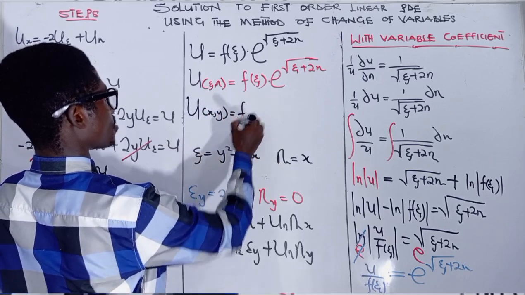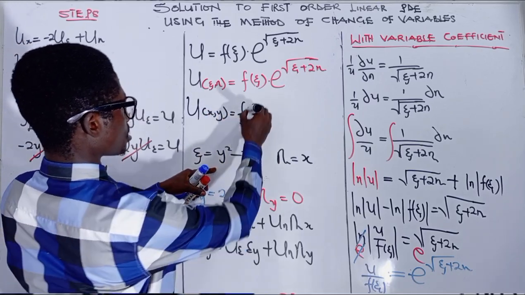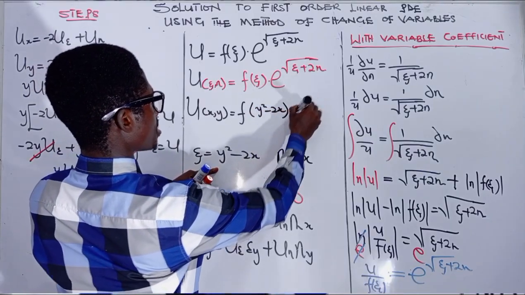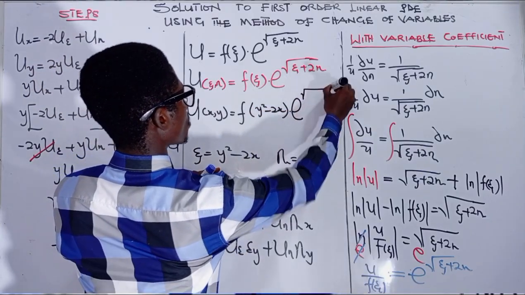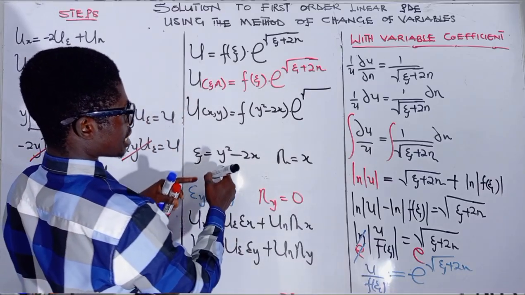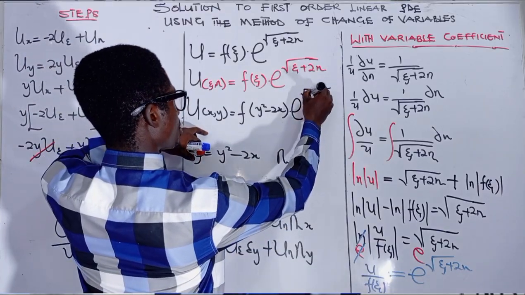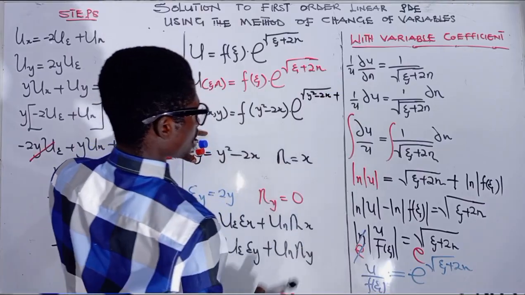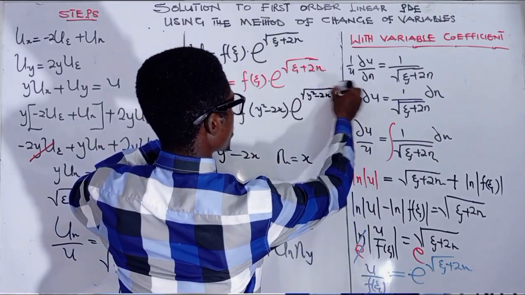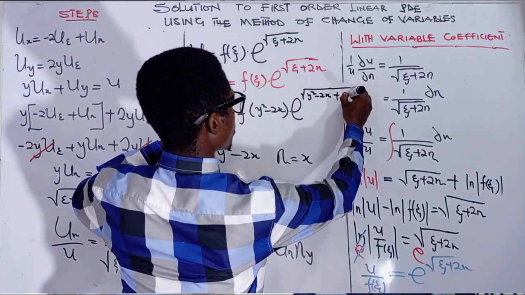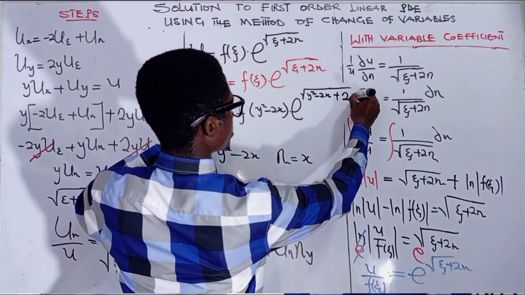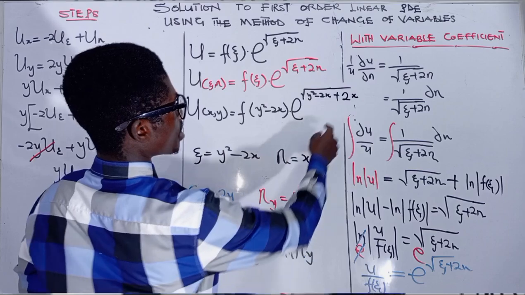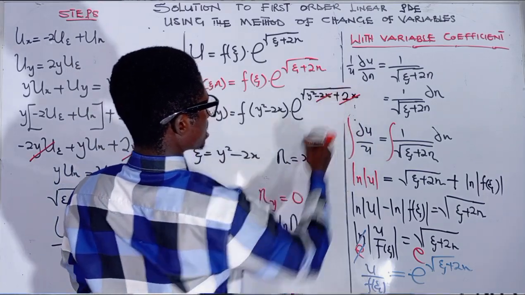So we have our general solution, which will be in terms of x and y, equal to a function of our xi, which is y squared minus 2x, multiplying e exponent root of our xi, which is y squared minus 2x, and then we have plus 2 eta. Our eta is what? X. So from here we can do some small simplification, right? These 2x will cancel the negative 2x.